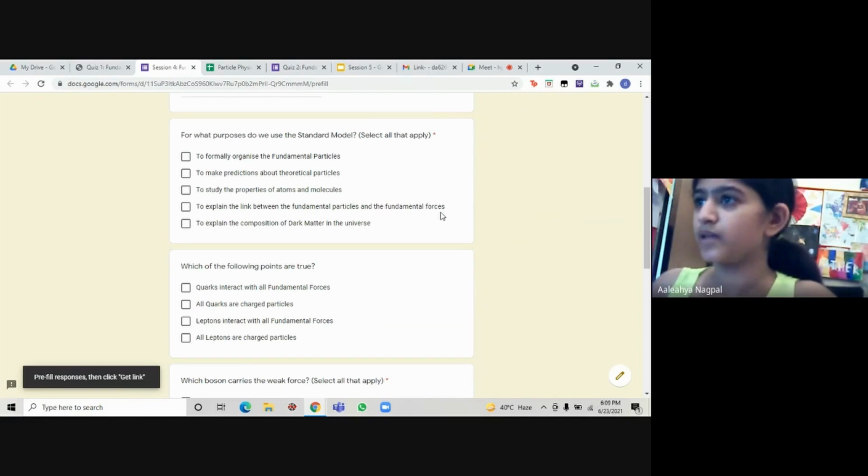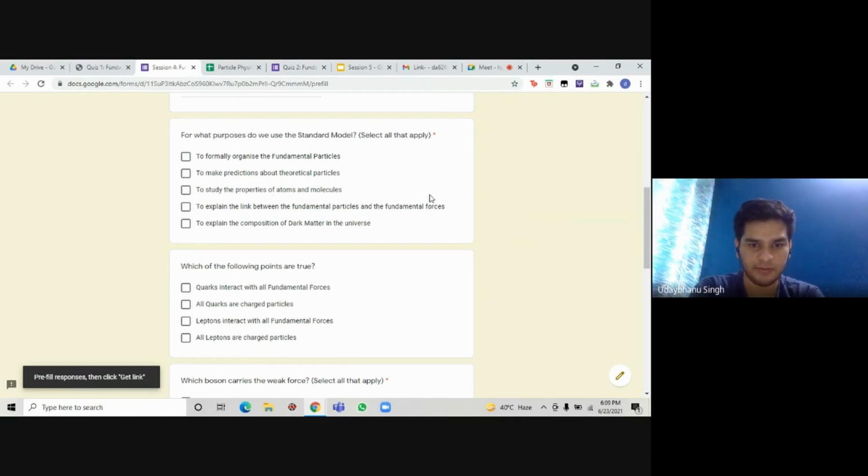Yes. So I think one of the purposes we use the standard model for is to explain the link between fundamental particles and the fundamental forces. Yep, that's correct. That's one of the valid points.